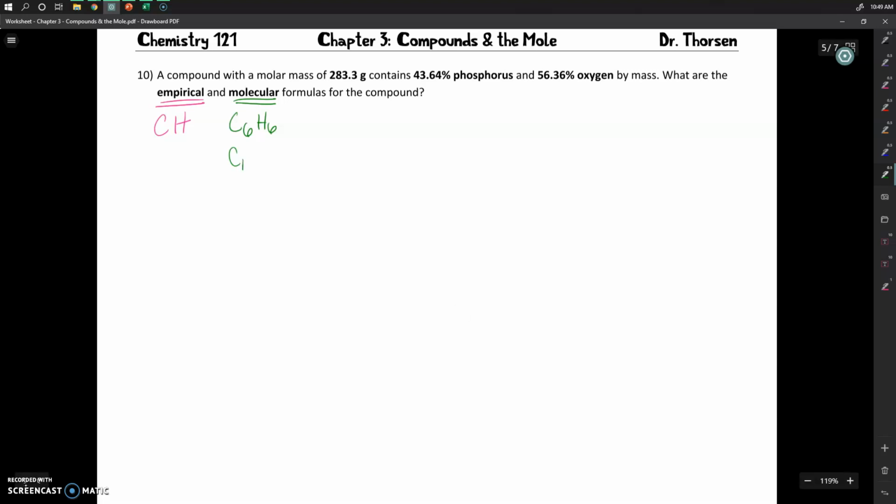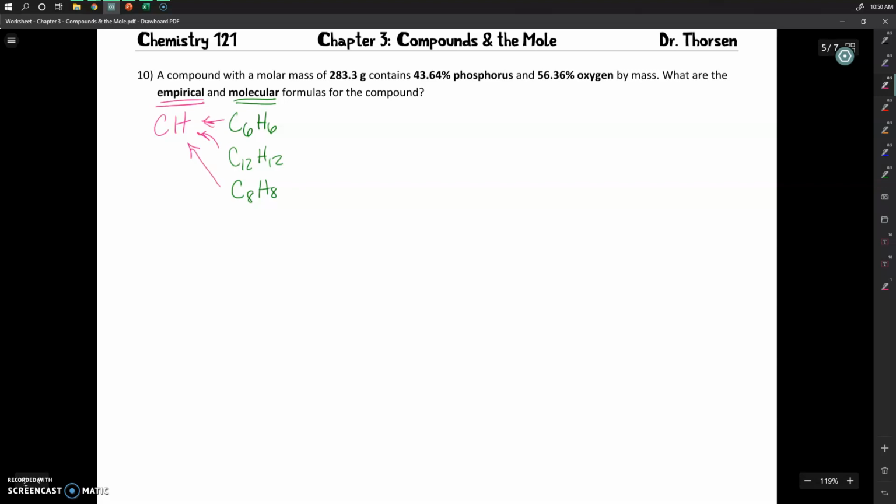So for example, what if we had C12H12 or C8H8? Those molecular formulas, which represent how that molecule actually exists, all tie back to this exact same empirical formula.